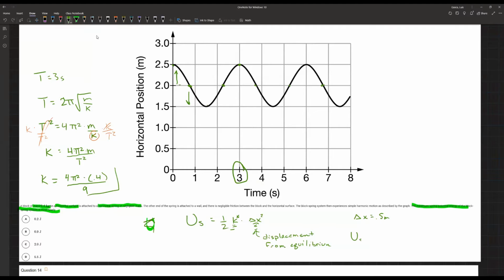And we finally get our spring potential energy is going to be 1/2. Now, just to maybe avoid potential mistakes, let's go ahead and evaluate this. Pi squared is approximately 10. So we have 0.4 times 10. This is going to become approximately 4. 4 times 4 is 16. This is going to be 16 over 9. So we're going to go ahead and plug that in here just like that.